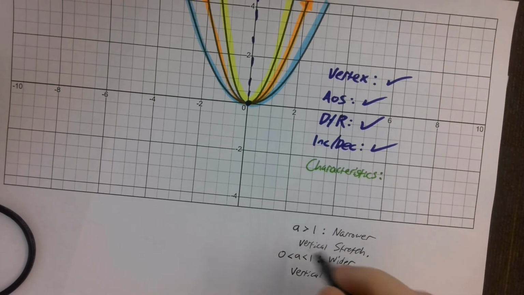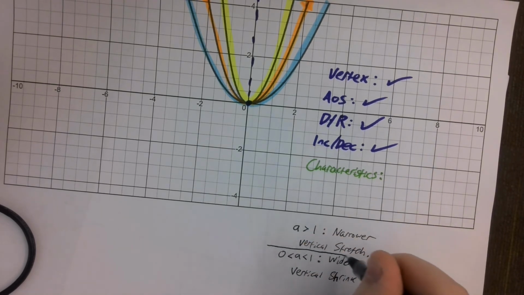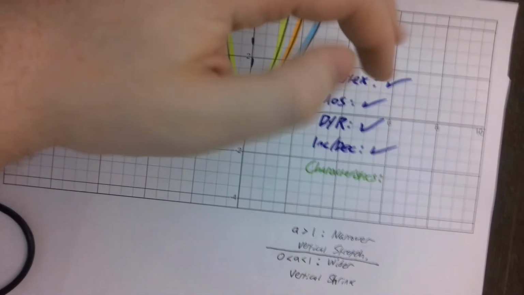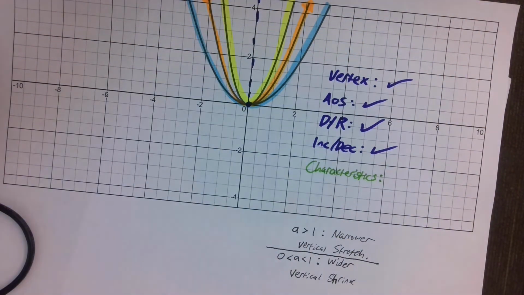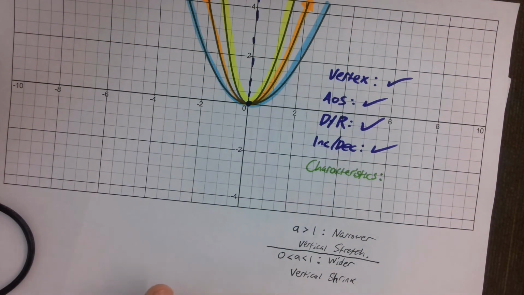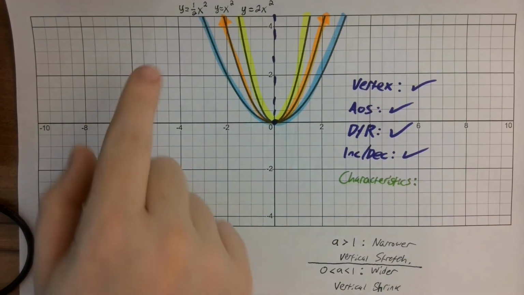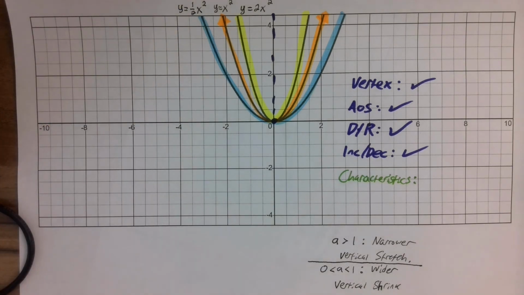It seems counterintuitive that a stretch is where it gets narrower and a shrink is where it gets wider. But think of it as pulling a rubber band and pushing that rubber band back together. That's really what we're doing here. So, when our a value is bigger than 1, it gets a vertical stretch, it gets narrower. When our a value is in between 0 and 1, we have a vertical shrink.